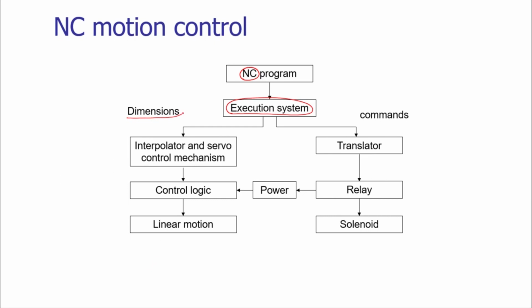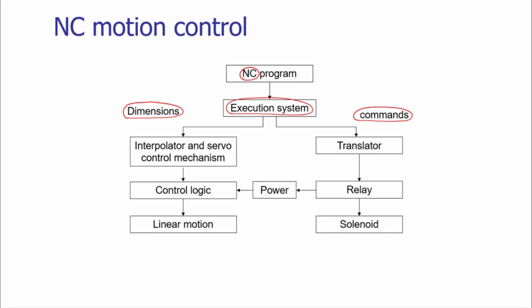The first is about the dimensions, that is, the distances or positions that are to be achieved and controlled. And the second is the commands, or auxiliary commands, that are to be carried out in the machine tool operations.